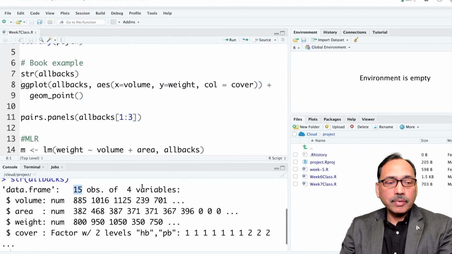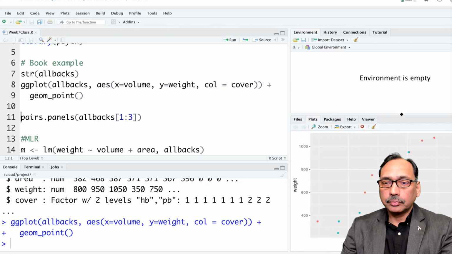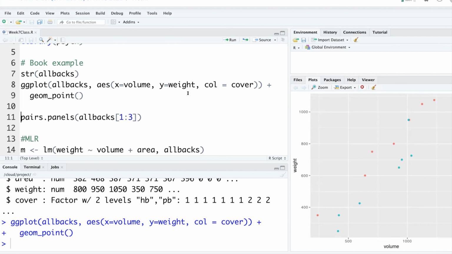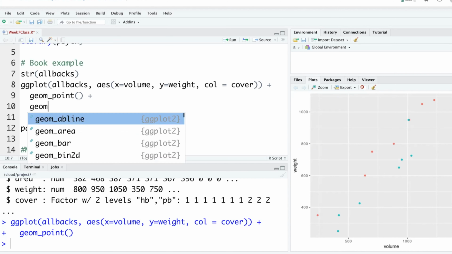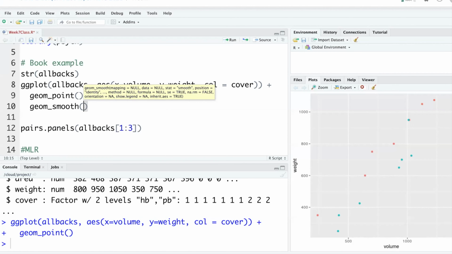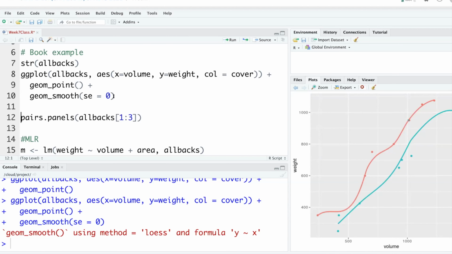So you have 15 observations and 4 variables. And then we made this scatter plot using ggplot2. I also added lines there, so I'm going to add geom_smooth with se equals 0. By default, it tries to have a non-linear pattern, but we can say method equals lm.